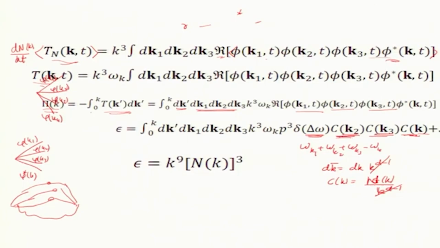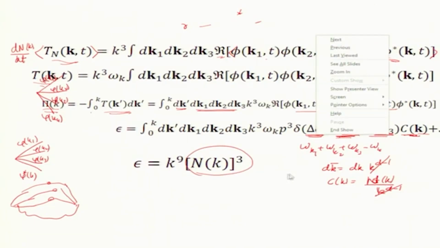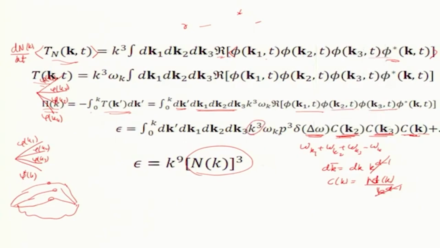So, this 3 will be Nk cube. Now, I got 1 k cube here and 1 k prime cube here, sitting there, and this delta omega will cancel with this omega. I need to go back. This is for the energy, this Tn is for particle density and this T is for the energy. So, I need to multiply by omega, and this omega k cancels with this delta omega.